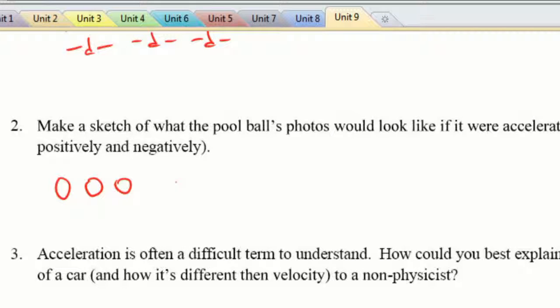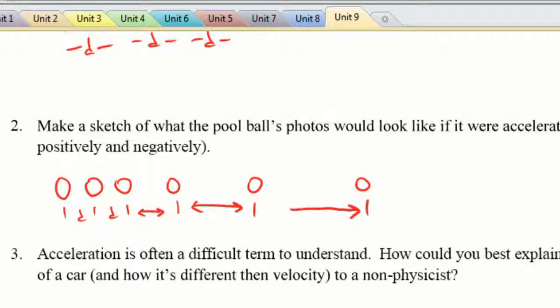Now if it starts to accelerate, I'm going to have a greater distance between each time interval. So these are roughly the same. We'll call that D. And then this isn't D anymore. It's a little bit larger of a distance, and then it's even larger here, and even larger here. So that would be an object that is accelerating.